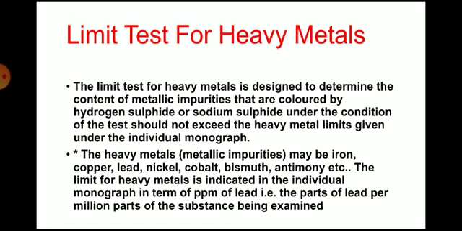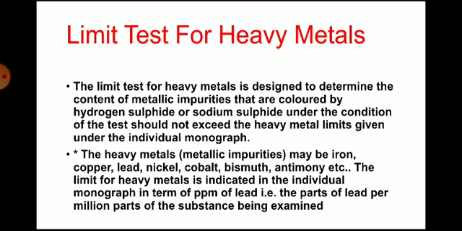The metallic or heavy metal impurities may be iron, copper, lead, nickel, cobalt, bismuth, antimony. The limit test for heavy metals indicated in the individual monograph is in terms of parts per million of lead. That means the parts of lead per million parts of substance being examined.